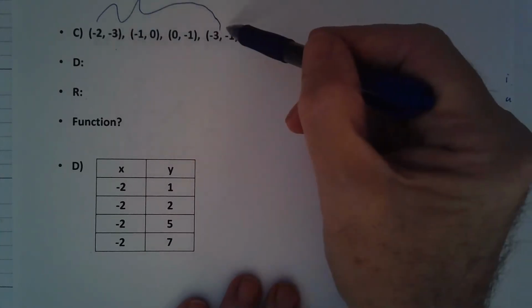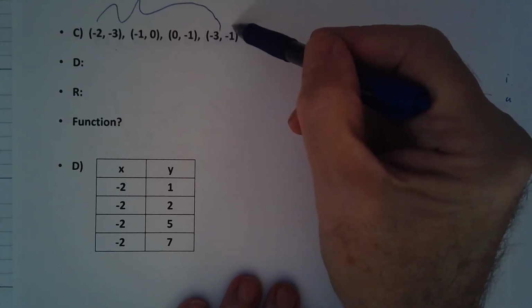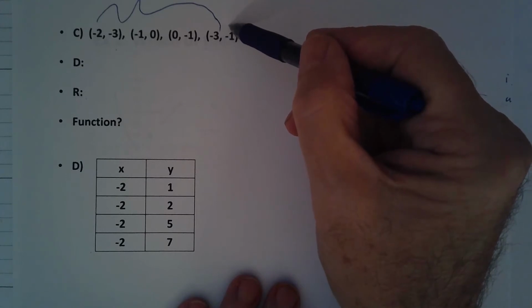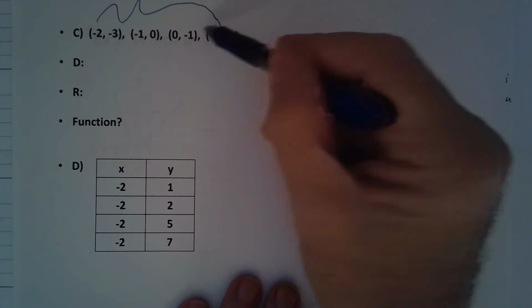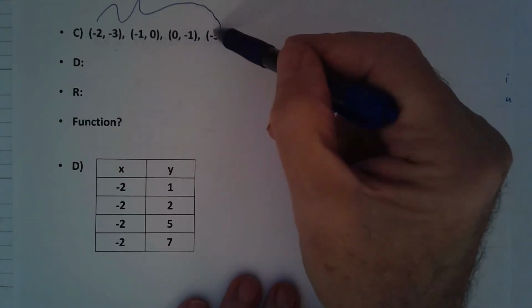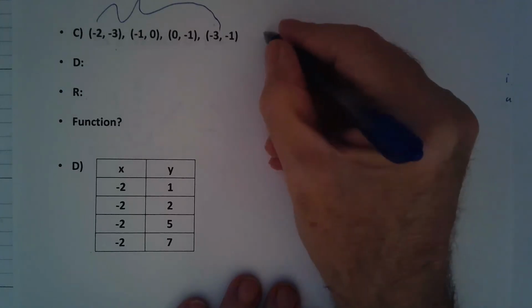It has no other outputs. And -3 as an input has -1 as an output. And it's true that both 0 and -3 have the same output, but those are different inputs. So each of those inputs has only the one output. So this is a function.